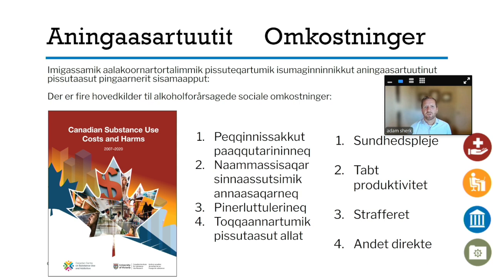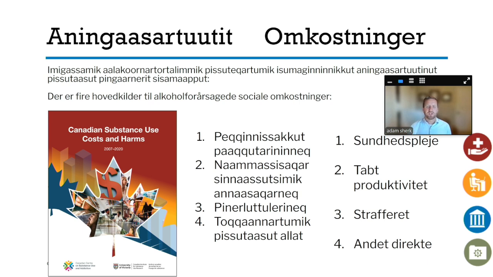The next major source of cost is the lost productivity cost. This is more about Canada's economy. When people experience death or disability because of their alcohol use, they're removed from the country's workforce. This creates a drag on the larger economy. It reduces over time the GDP and the productivity of the country. So alcohol, or anything that can cause death and disability, will have a lost productivity component, and we estimate that.